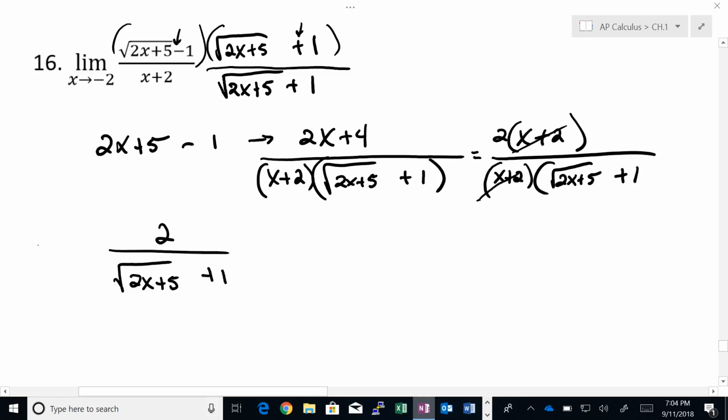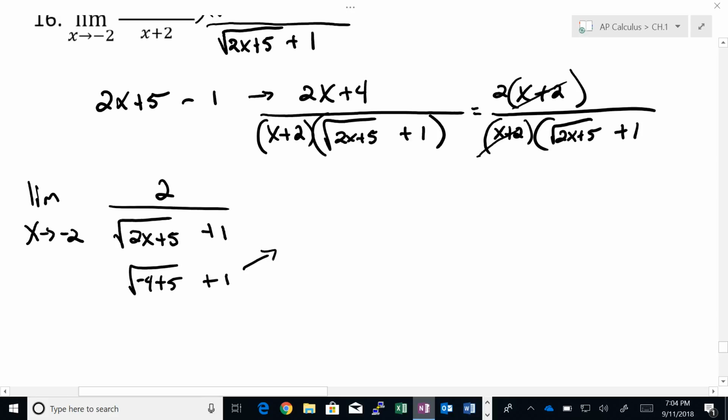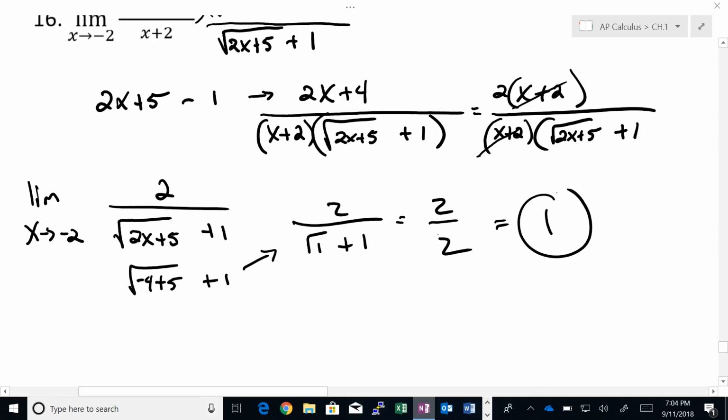Now, can you plug in the limit? So you get negative 4 plus 5, which gives me square root of 1 plus 1, which is 2 over 2, which is 1.